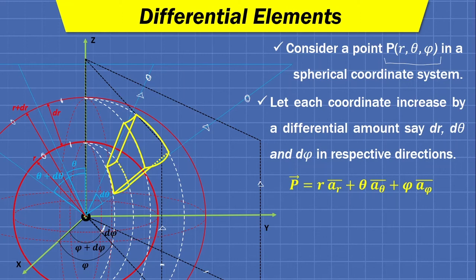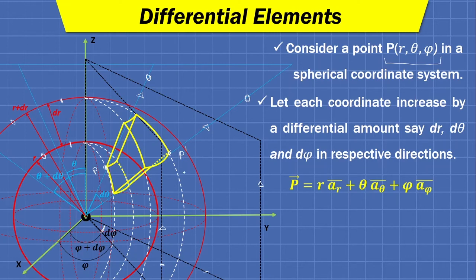So this is how the differential element will look in the spherical coordinate system if we increase the coordinates of any point by a differential amount. And now this point will be P and this point will be P prime.